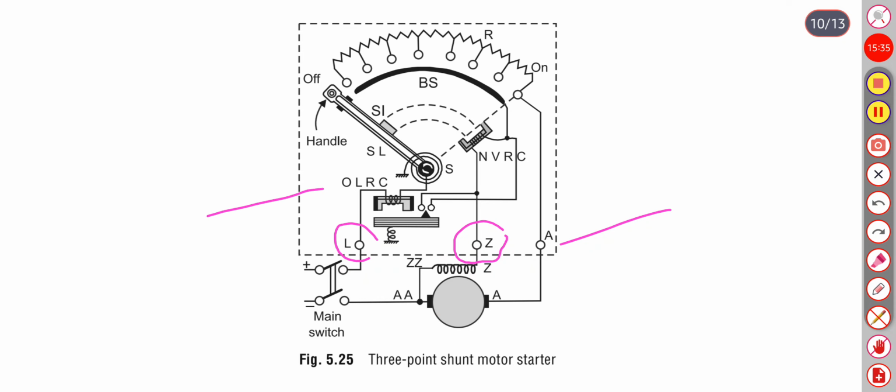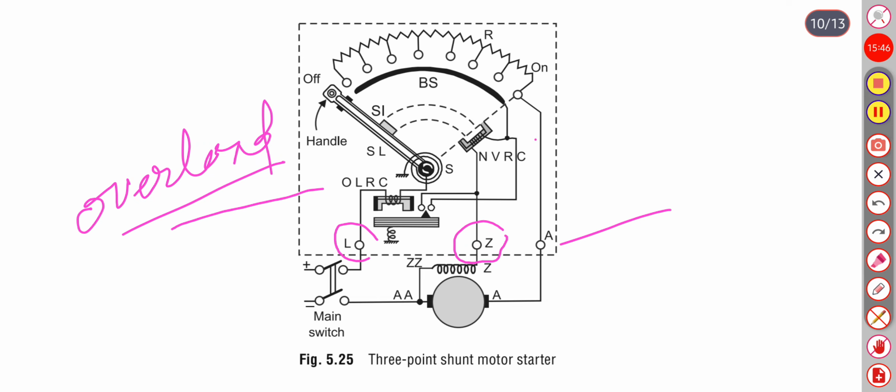This is the overload relay. It trips the motor during overloading, and this is the no volt relay coil which holds this handle during running.